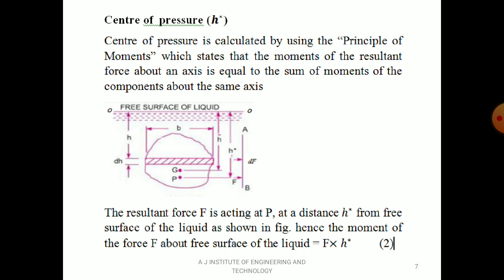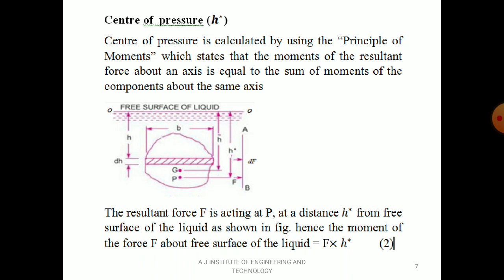The resultant force F is acting at P at a distance h star from the free surface of the liquid, as shown in the figure. You can see this side view. So F is acting at a point P at a distance h star from the free surface. Similarly, for the small strip, the force dF is acting at a distance h from the free surface. I have to draw this diagram, that is AB.